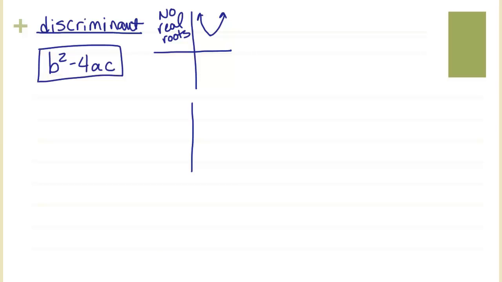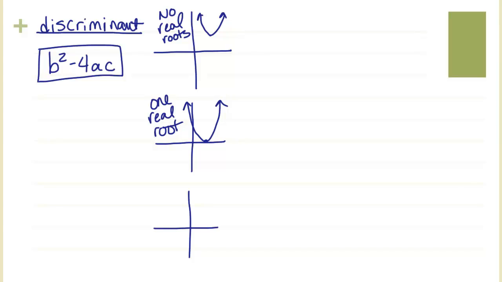You might have something that has one real root. Those are perfect square trinomials that get you that. They're the ones that sit on the x-axis. This one just has one real root. Or you might have, let's make that straighter, you might have two real roots.